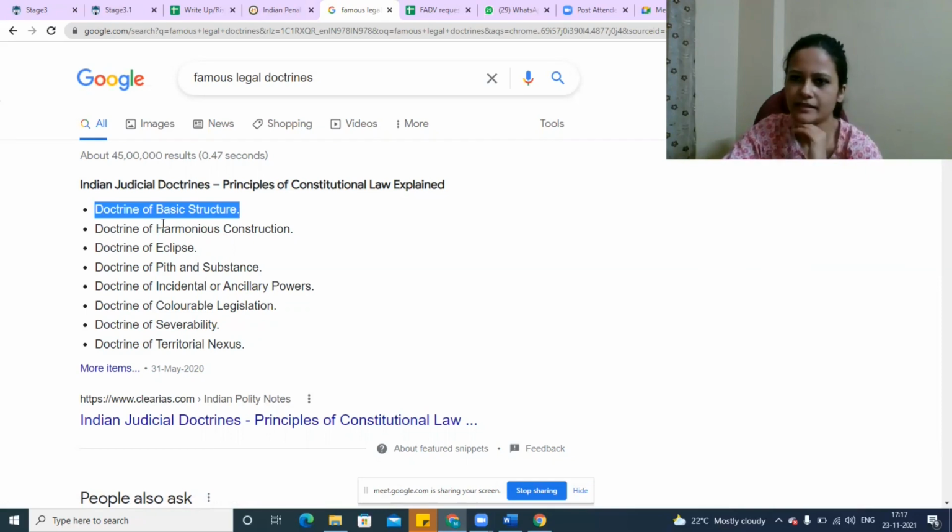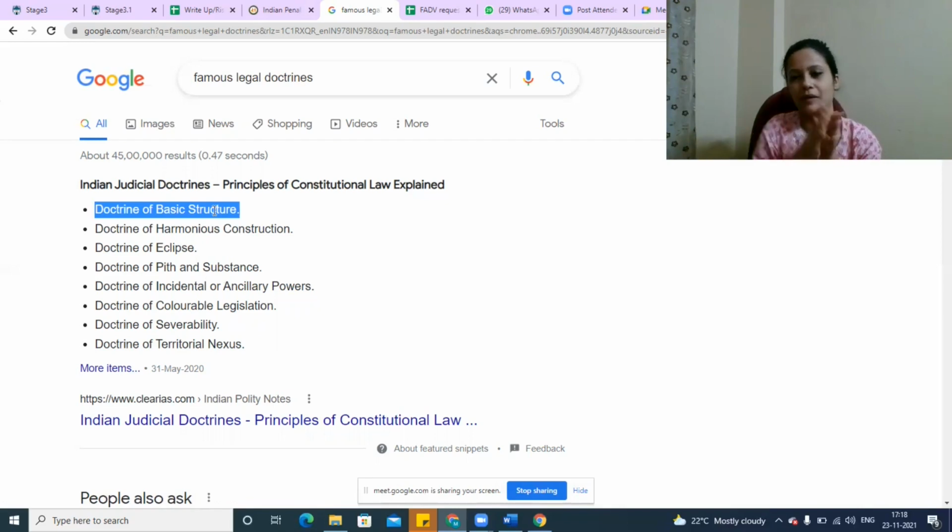So what about that? We know what the basic structure is, but what after knowing what it is all about? Ma'am, can you repeat? Where is this doctrine applicable basically? It is applicable in case of amendments.